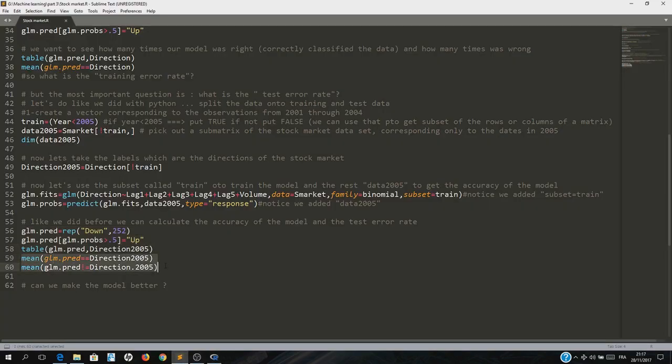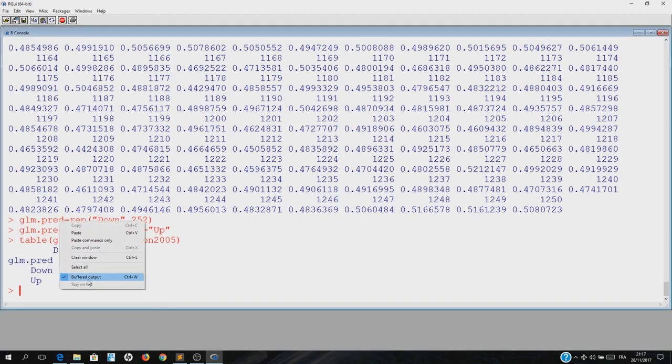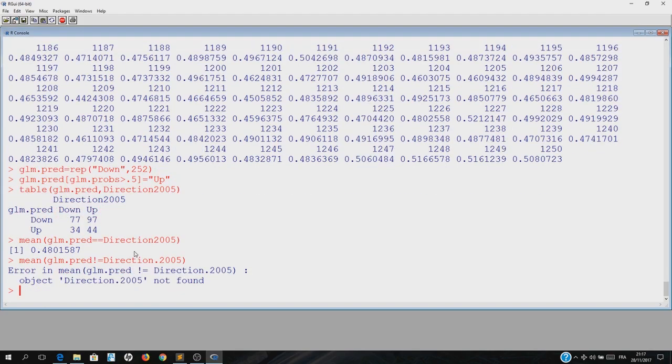And let us see the mean. This is the mean to calculate when they were equal, that means when our model was right, and the mean when our model was wrong. Let's see both of them. Is there a mistake?